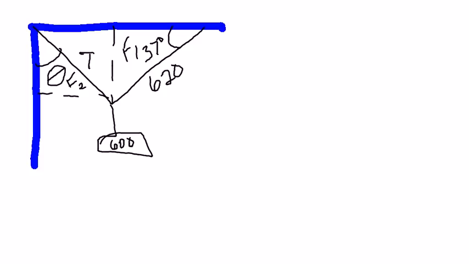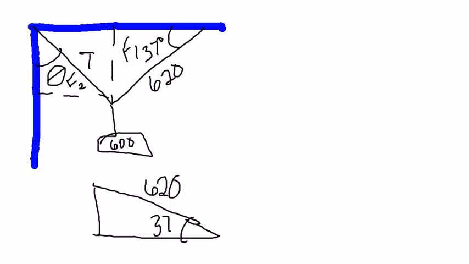So I'm going to draw F1, separate from this whole thing. F1 is going to have a 37-degree angle here and a 620 hypotenuse. So we're going to use SOHCAHTOA to solve for the X component, which is going to be right here.